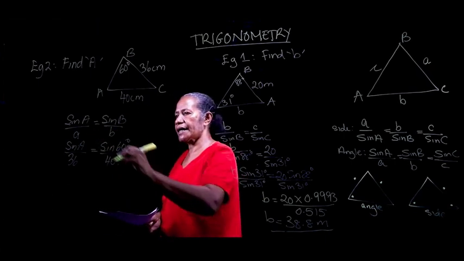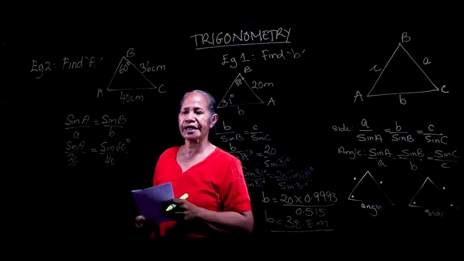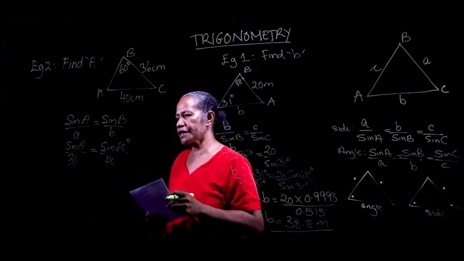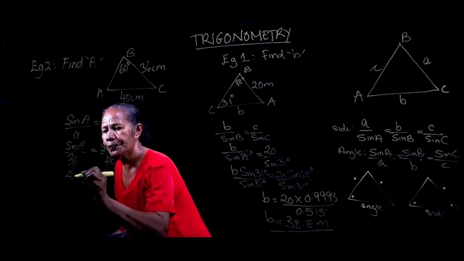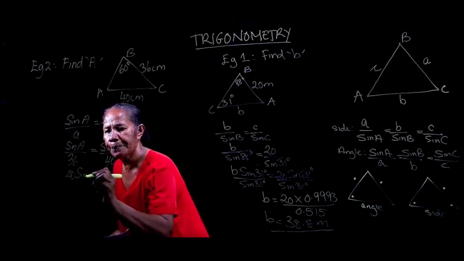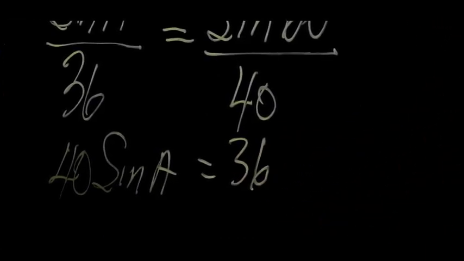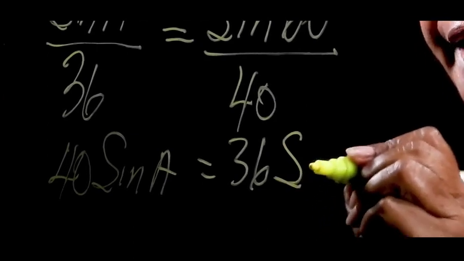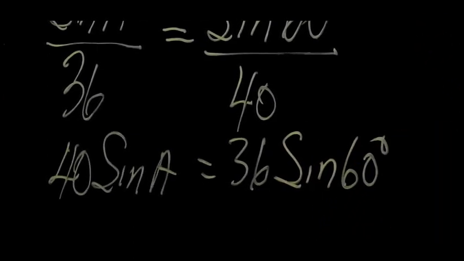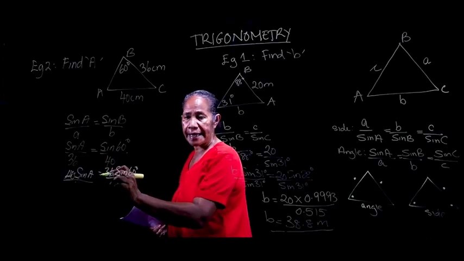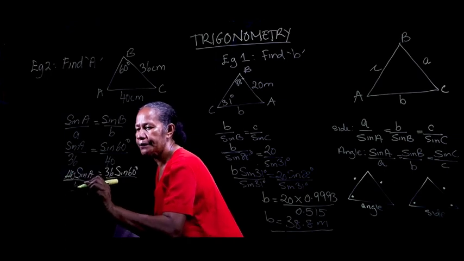Again, we have an equation. We cross multiply, so we have 40 sine A is equal to 36 sine 60 degrees. We are trying to get the value for sine A, so we divide both sides by 40.